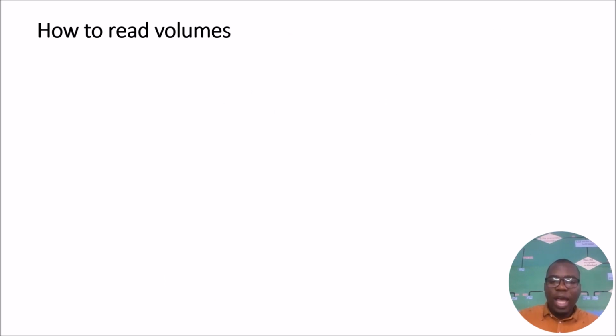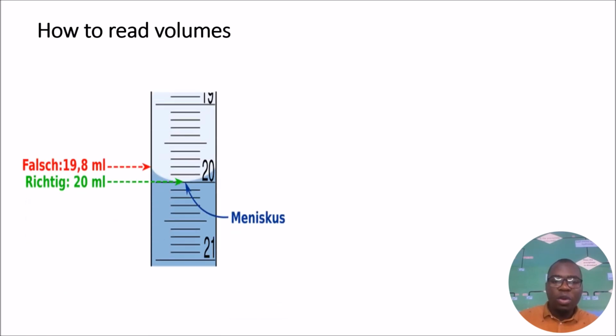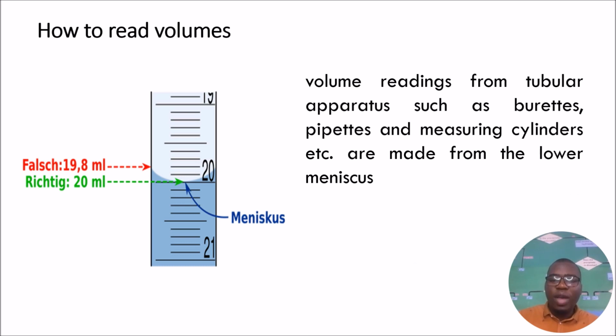Let's look at how to read volume. Very important. As you do your practicals, as you do your alternative practical final examinations, this aspect is going to be very important. When you are reading volumes from tubular apparatus such as burettes, pipettes, and measuring cylinders, what you are supposed to do, I'm going to explain in a short while.